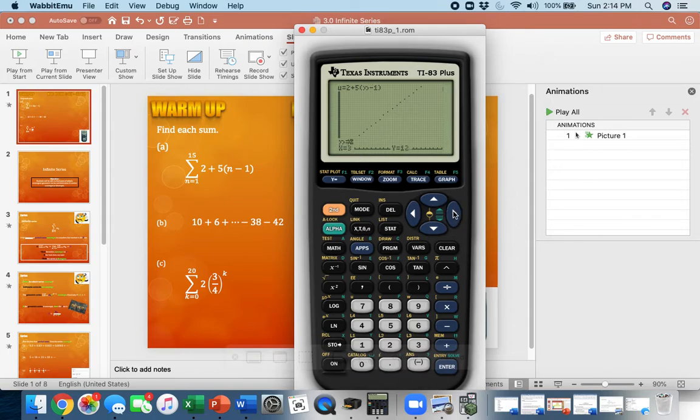So I could always use this if I wasn't sure what my last term was. Remember I just plugged it in, I had a 72. Now, of course, I could just use the formula and plug in the 15 as I did, but here's a nice way to see.